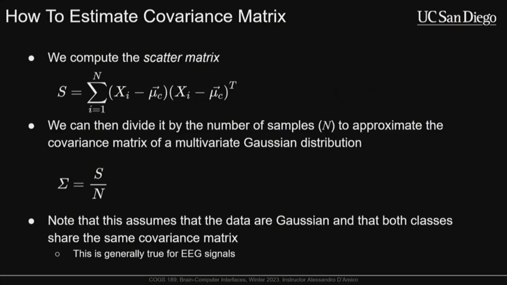Now, this turns out to not be a terrible assumption because EEG signals are very highly correlated both spatially and temporally. So let's say you're sampling at 1,000 hertz, so one sample every millisecond, and you look at the sample at time point 1 millisecond and time point 2 milliseconds, there's going to be very little change between those samples. So they're going to be very highly correlated. This is also true for neighboring electrodes.